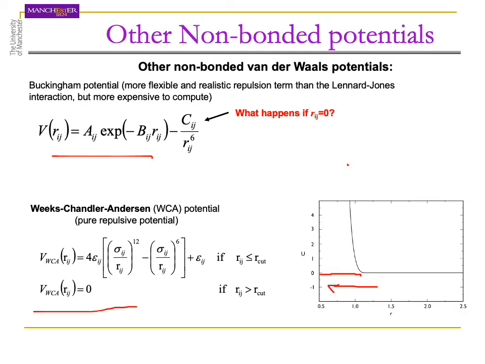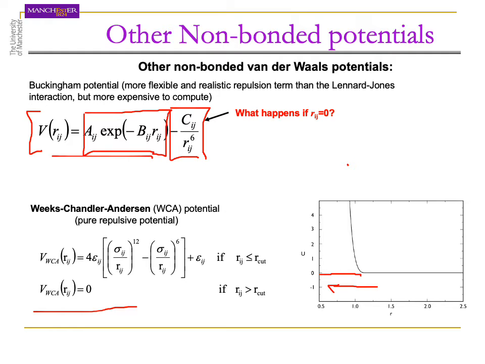Instead, the Buckingham potential gives interactions which are more realistic with respect to the pure Lennard-Jones potential, and in fact, you can see that part of this Buckingham potential is similar to the Lennard-Jones potential, but instead of having a part which goes to 0 as r to the power of 12, you have this exponential.